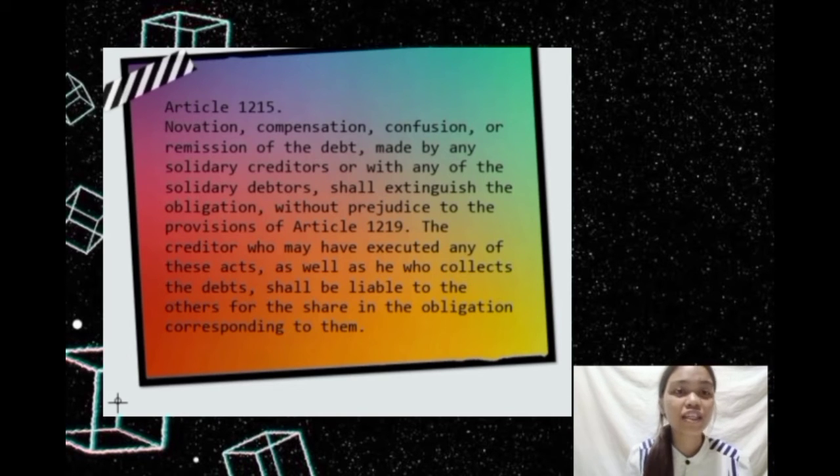So the solidary obligation is extinguished because there was total remission of the obligation. Kate is liable to Diane for her share in the obligation because Kate's act is prejudicial to Diane.